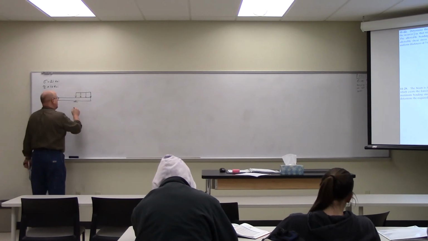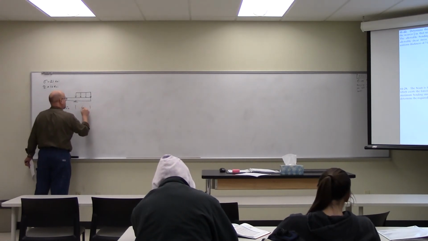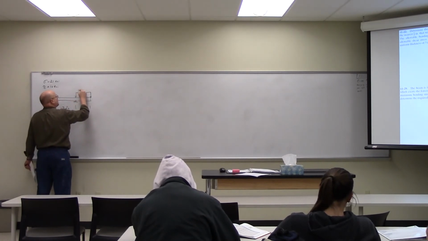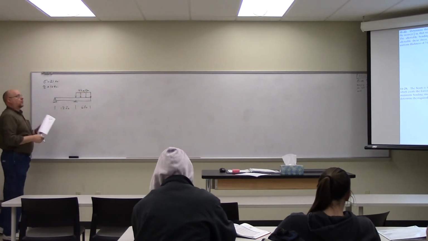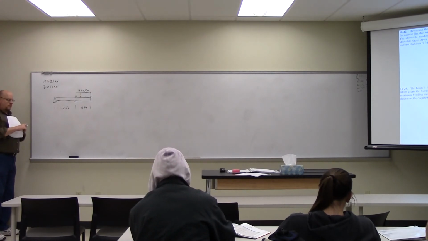Dimensions are 12 and 6. And this value is 4 kips per foot, is that what it says? Yep. Okay, what do we do?